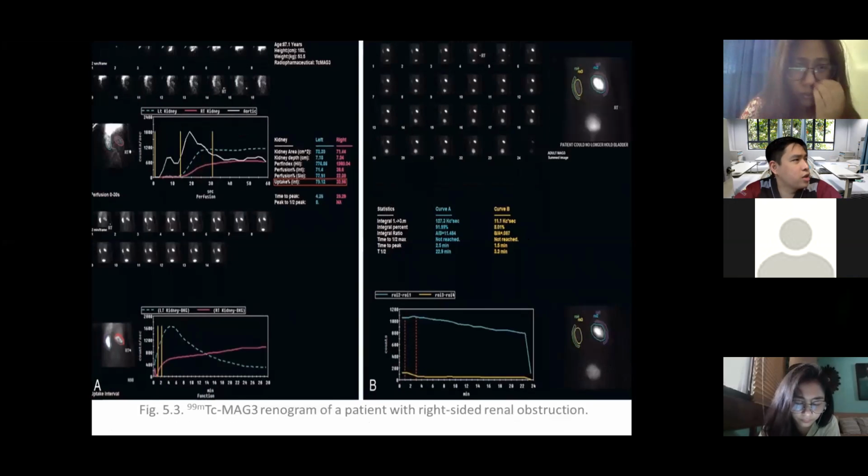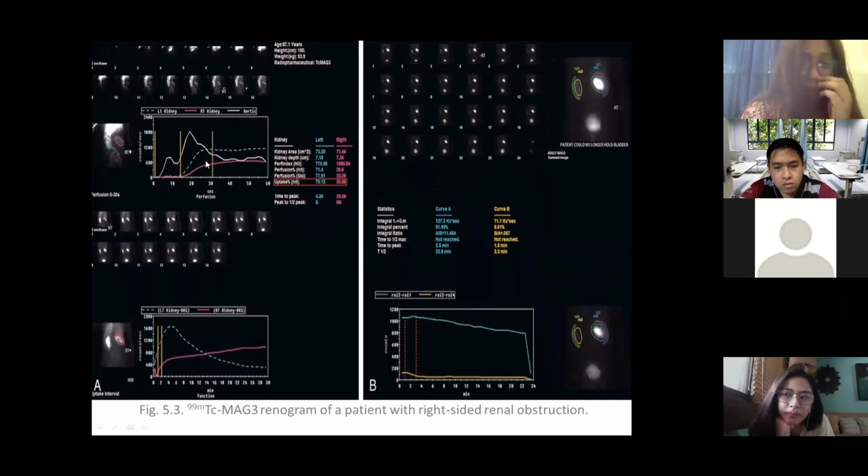For the third figure, this is the renogram of a patient with a right-sided renal obstruction. In the upper half, we can see that the teal curve of the left kidney has a sharper curve compared to the purple curve of the right kidney.